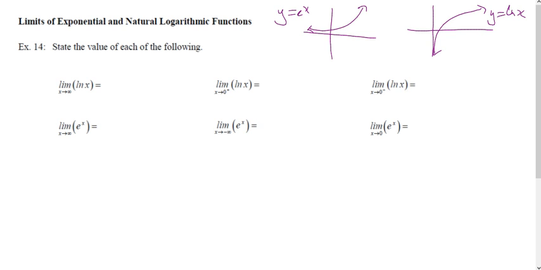As x approaches infinity, ln x goes to infinity. As x approaches 0 from the right, ln x goes to negative infinity. As x approaches 0 from the left, ln x does not exist.